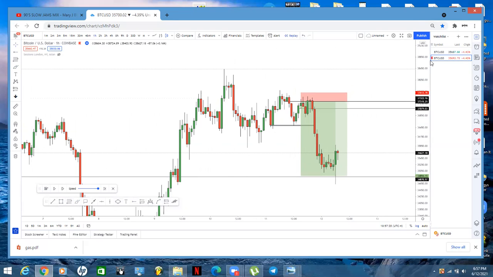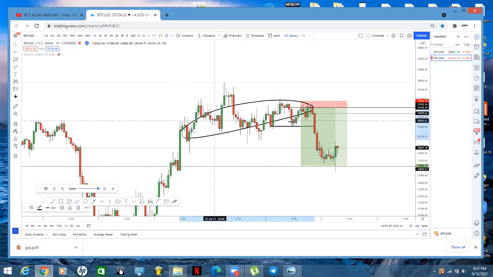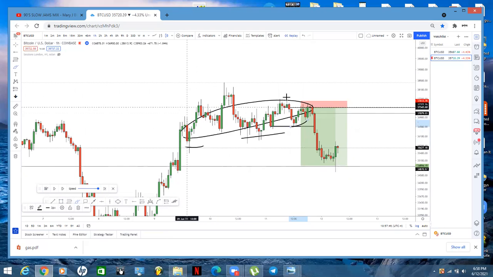So being that we came into this, notice how price broke that structure. We broke this structure right here, took out all the orders. Any buyers have been taken out, and any sellers were taken out right up here. If we do have any sellers, they have their stops up here.